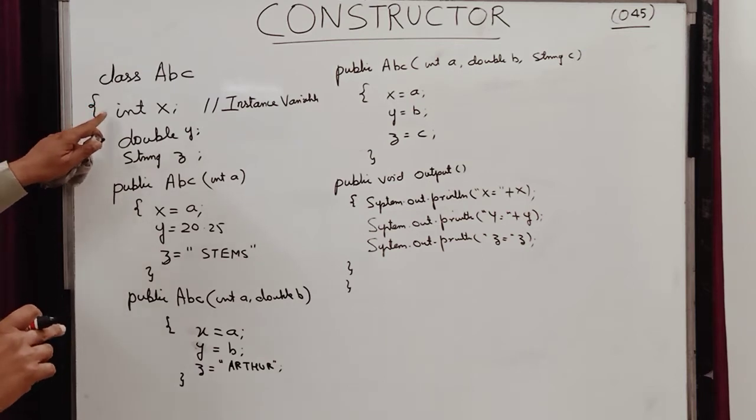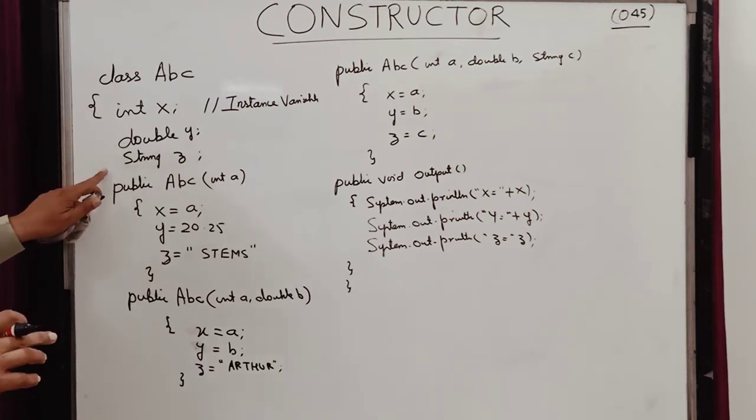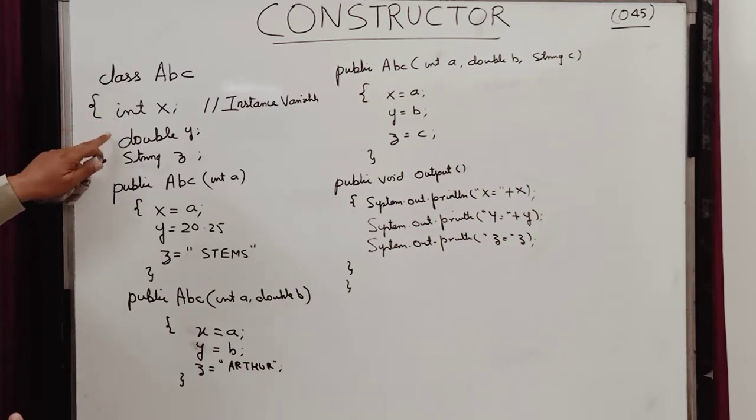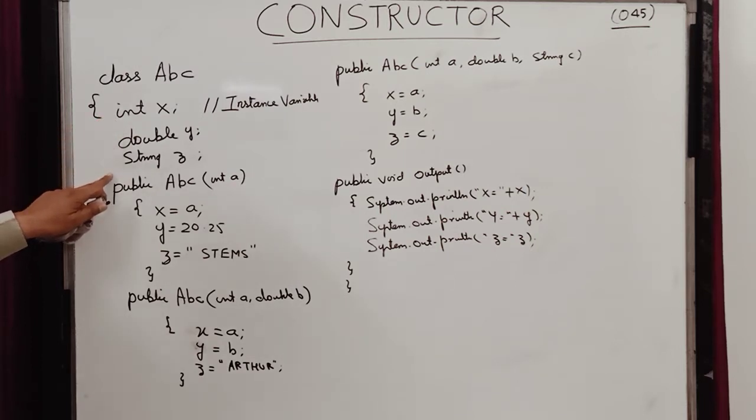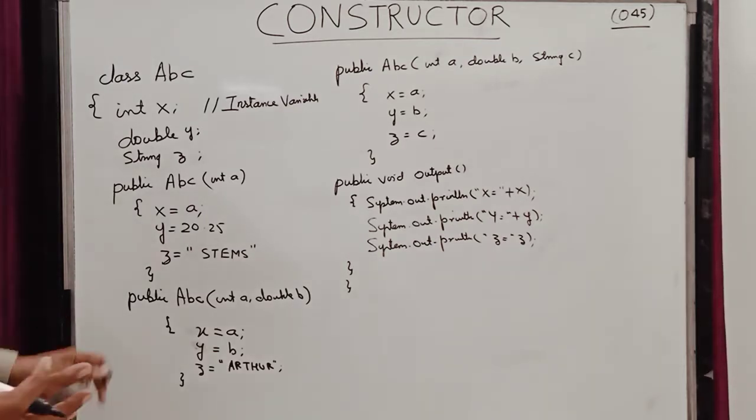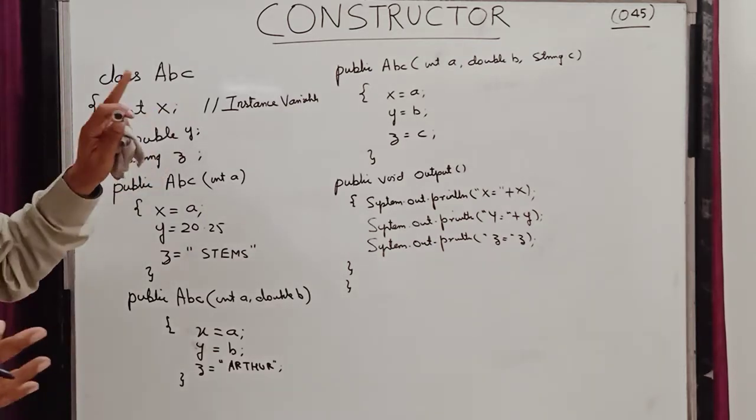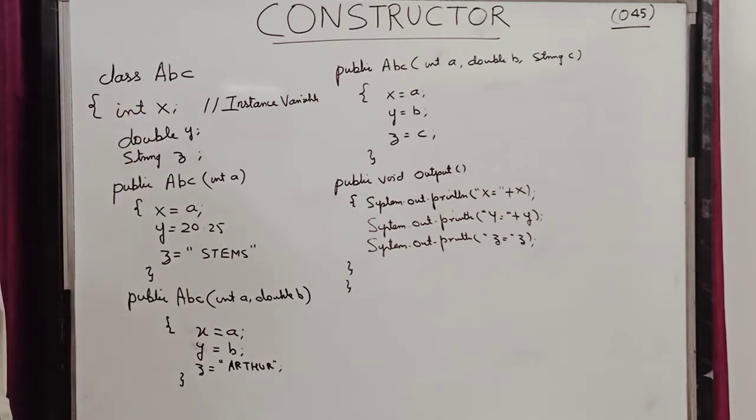Now children, here in the class I have declared these variables. You can even declare some variables here within a class with the keyword static. The variables declared with the keyword static, like static int x, are called the class variable or the global variable.